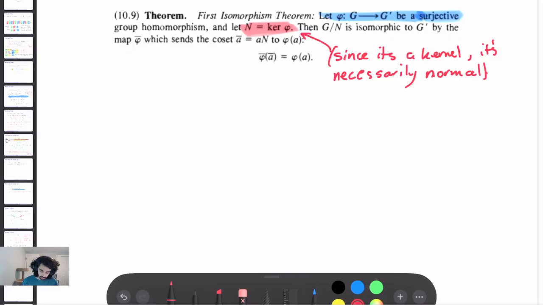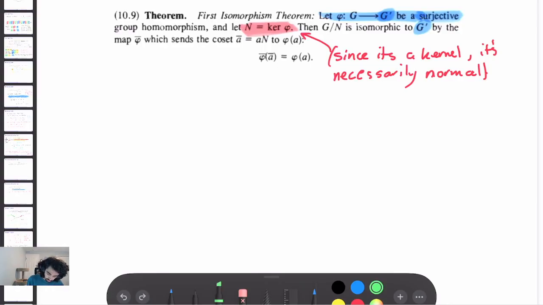This G prime. Let's keep it visible. That'd be good. Is that G prime? And indeed, you can say precisely what this isomorphism is. It needs to begin by acting on a coset. So it needs to take in a coset.